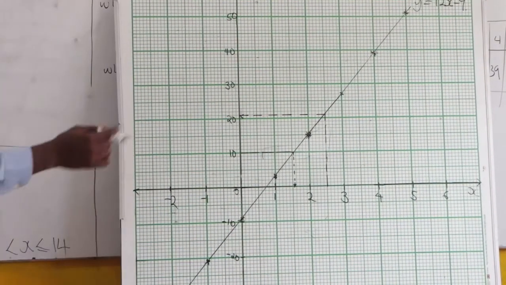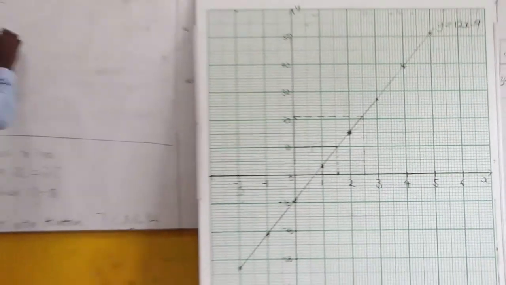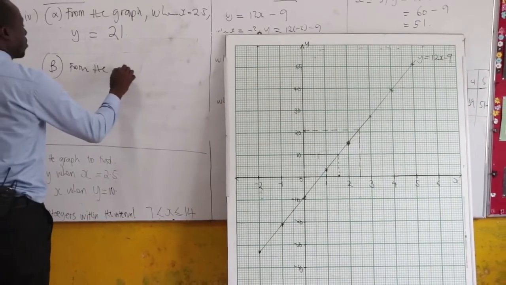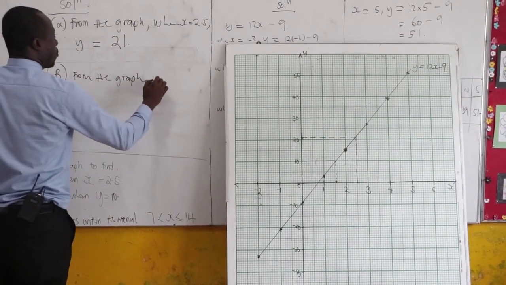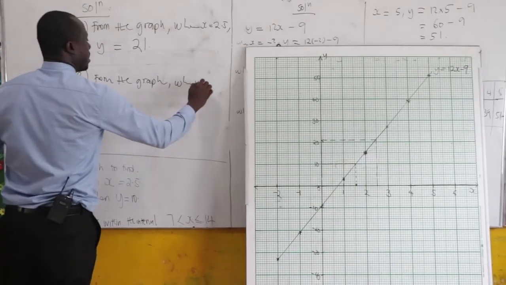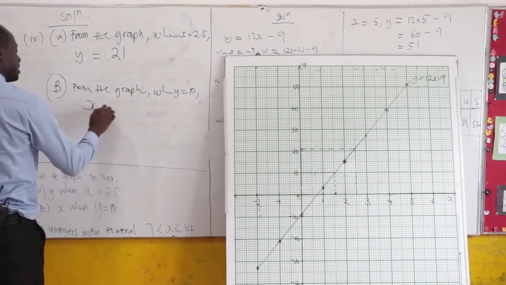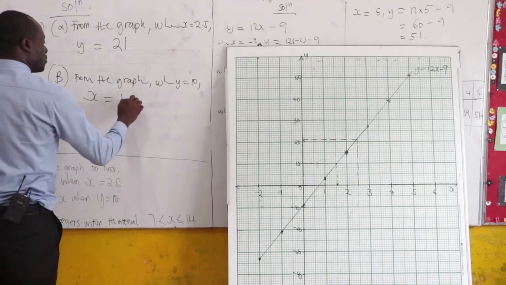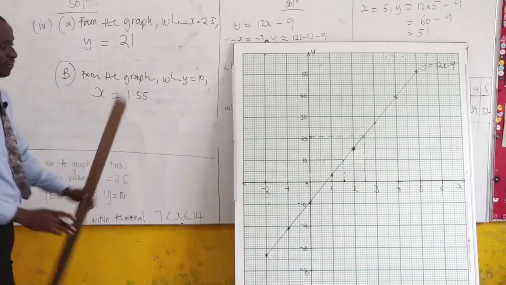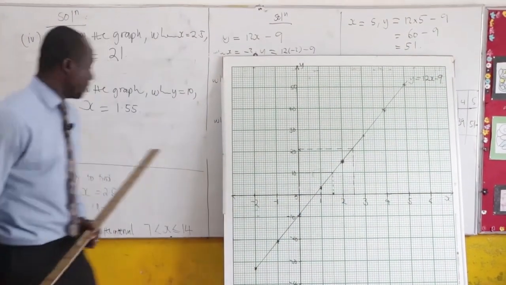So that is 1.55. So from the graph, when y is 10, our x is 1.55.